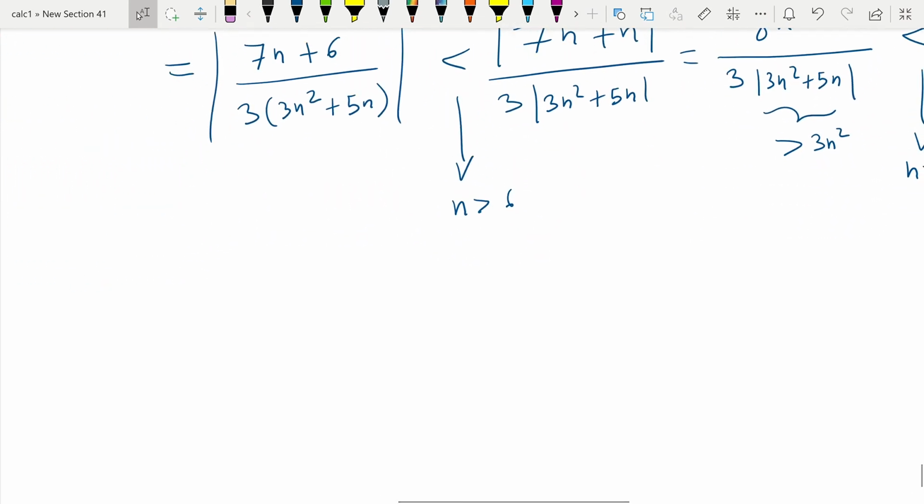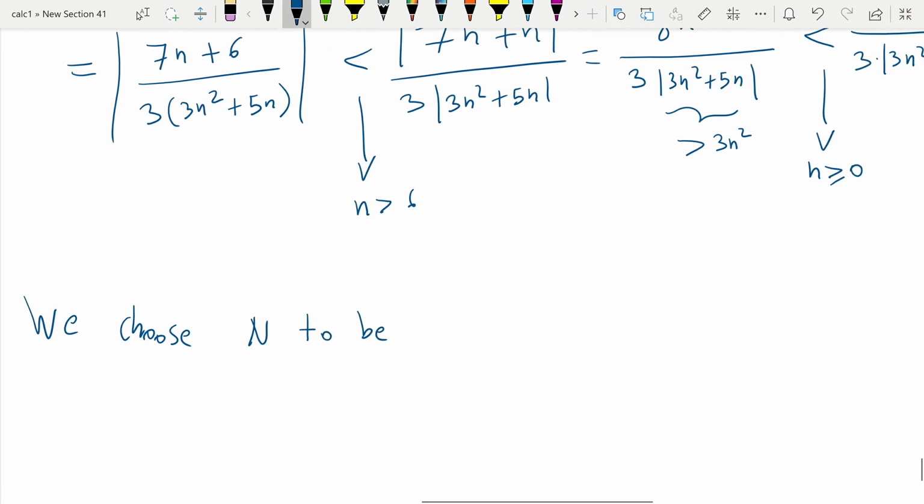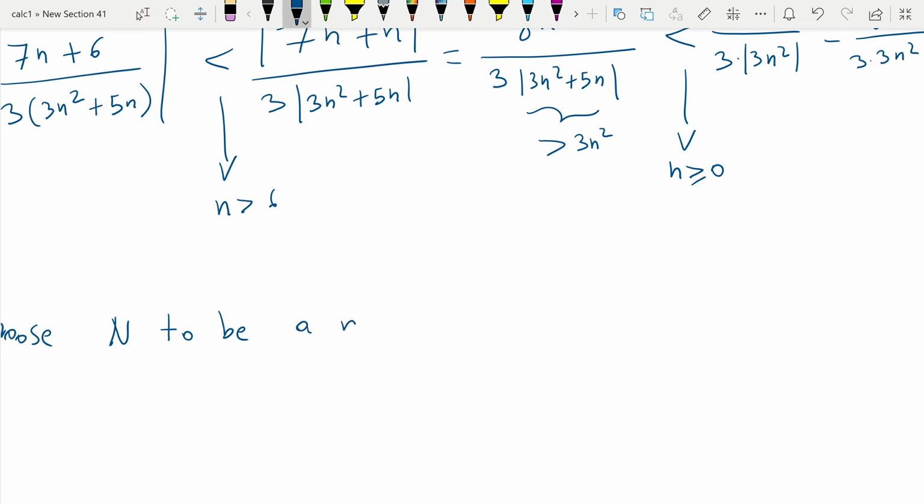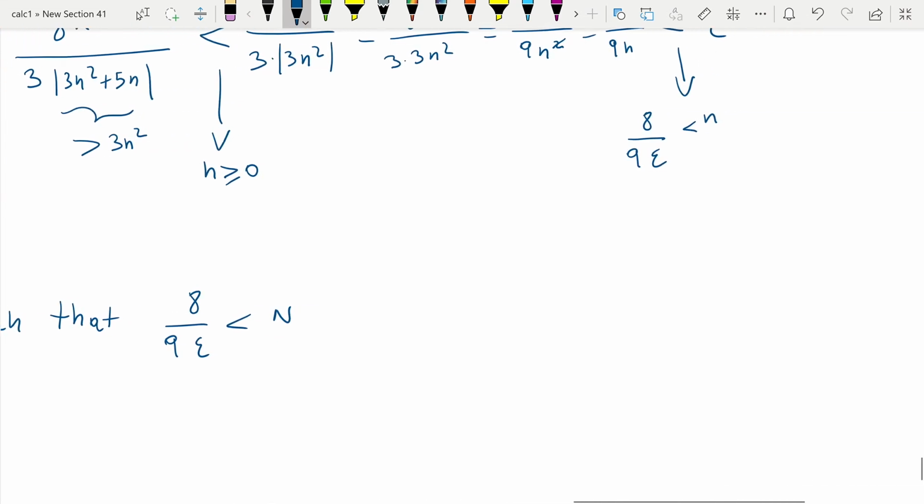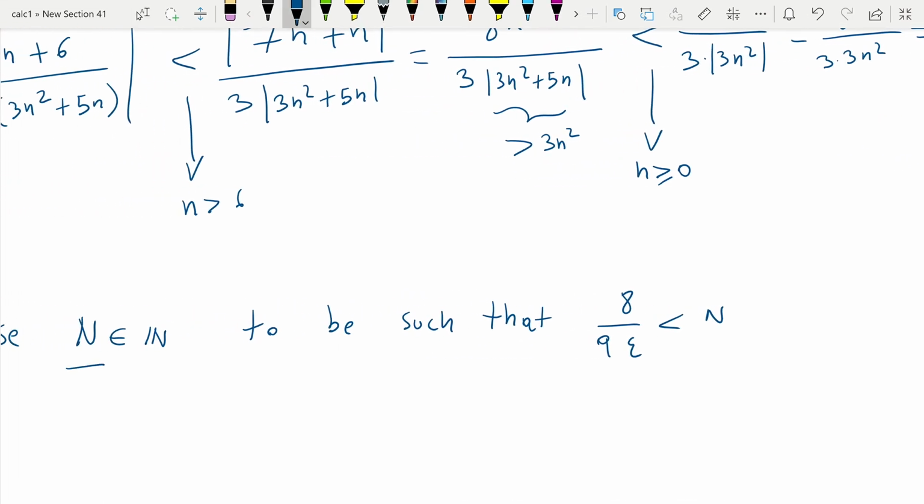So we choose a capital N, in the natural numbers, to be such that 8 over 9 epsilon is less than N. This is just any N. This capital N here is just any N that satisfies this property.